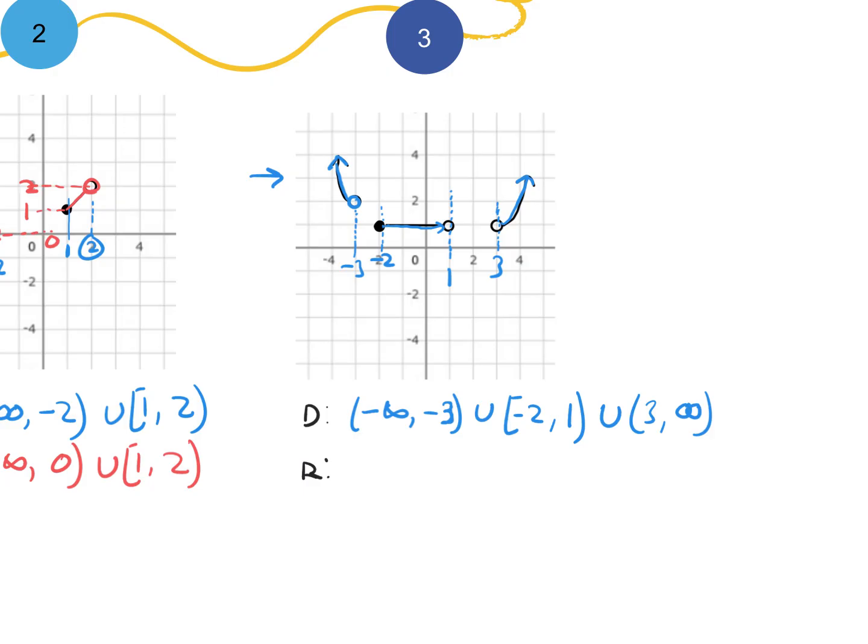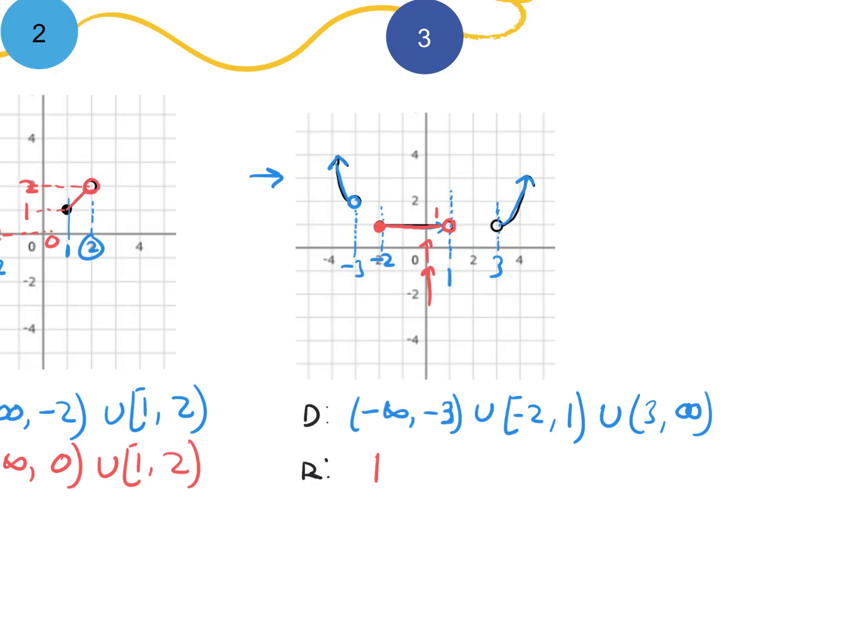All right. Let's do the exact same thing with our range. I'm going to go from the bottom to the top. And it looks like the first value we touch, if we keep going up, is at a y value of 1. Now you see an open circle here, and a closed circle here. How do you know what goes around that 1? Well, you're never going to want to just look at that open circle.